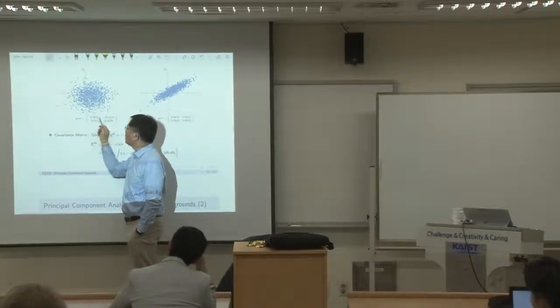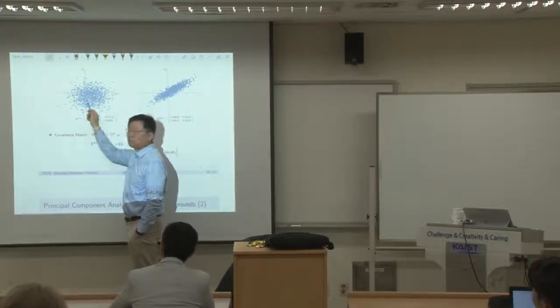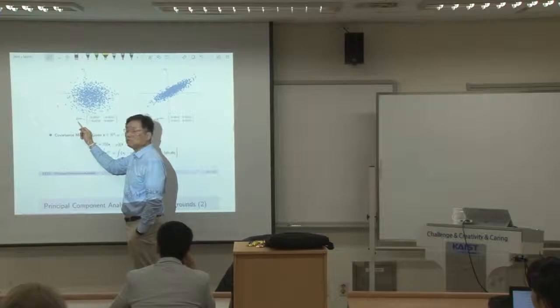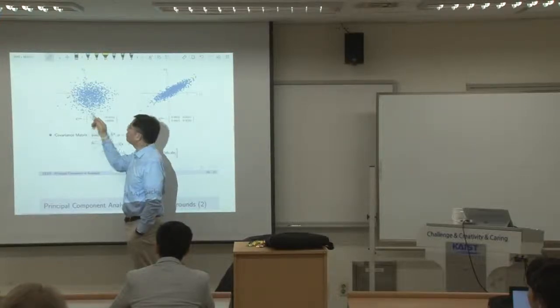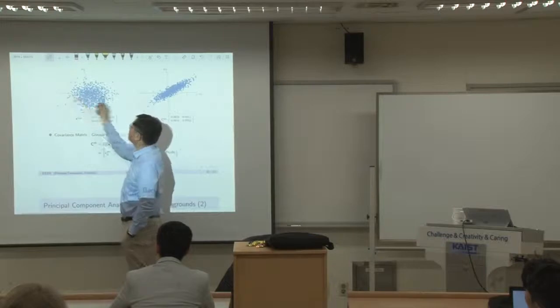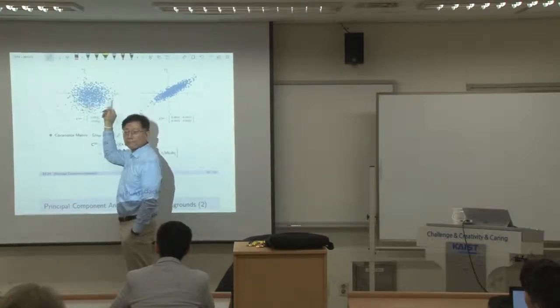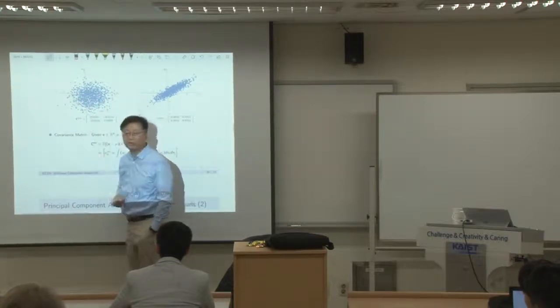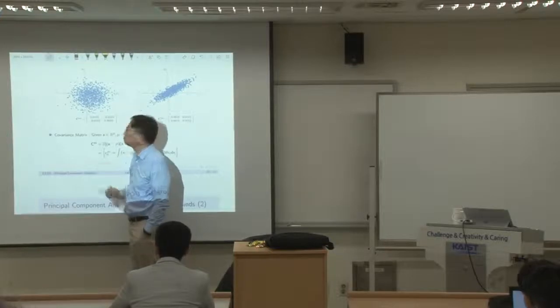So what does this value give you? It's two-dimensional, so what is the covariance matrix? What is the first element saying? Variance. If I project it onto x1, that's the variance, right?